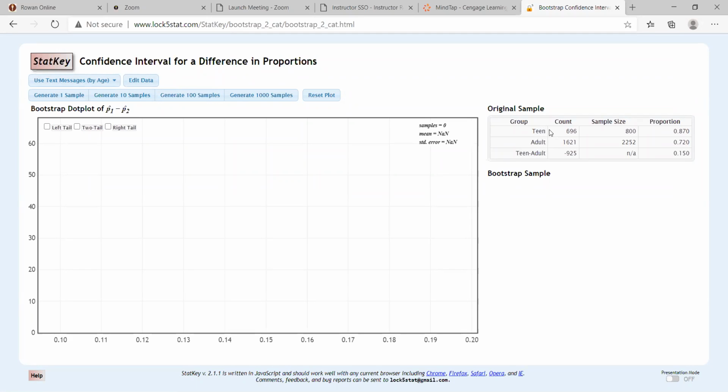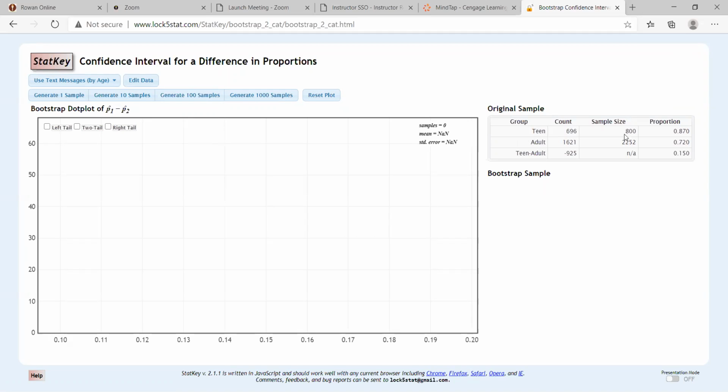So teens up to maybe age 18, adults are older than 18. And then the last thing that's calculated here is the difference between these two groups. So whatever you list first in your database is going to be group number 1, and then the second group will be group number 2. So teens would be group 1, adults will be group 2.